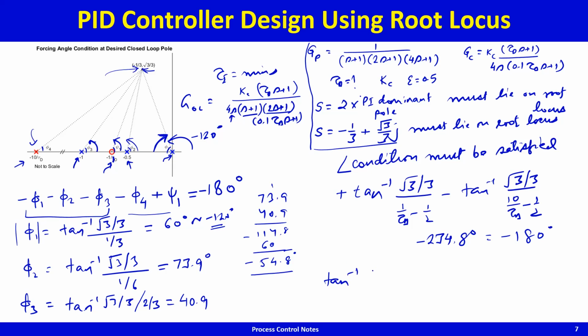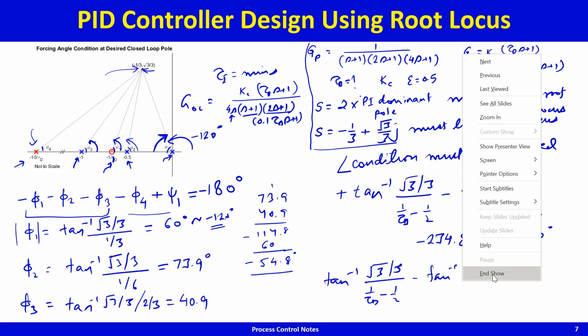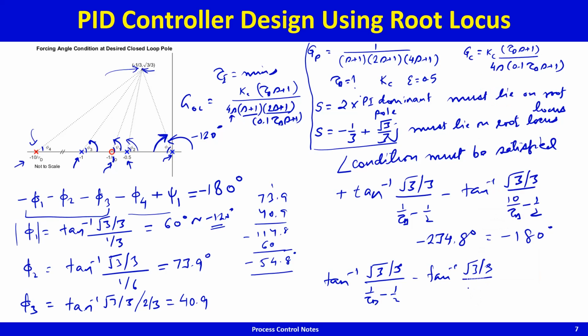tan inverse square root 3 by 3 over 1 by tau d minus half, minus tan inverse square root 3 by 3 over 10 by tau d minus half, should be equal to how much? 54.8 degrees.